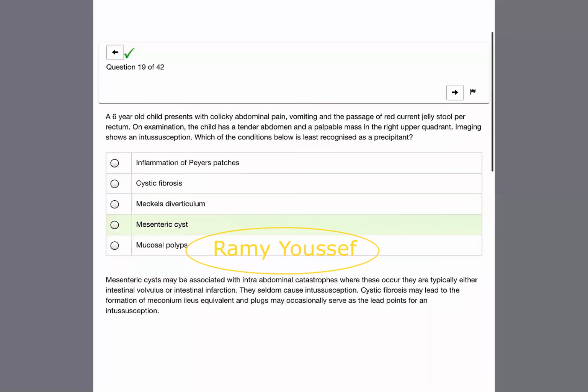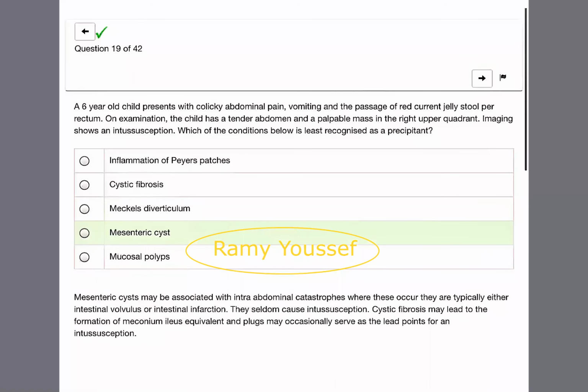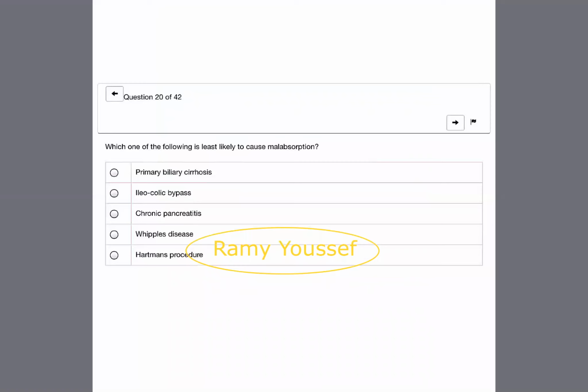It can cause another sort of obstruction, intestinal obstruction by compression from outside. Okay, next question.